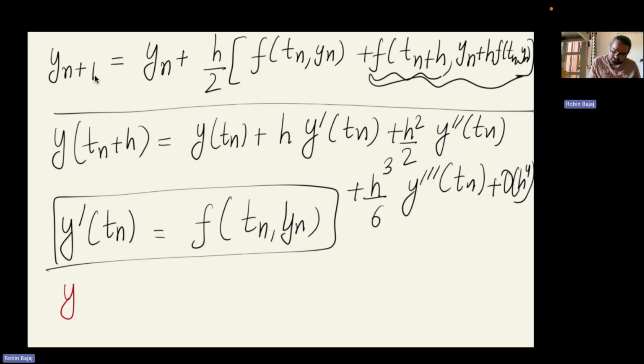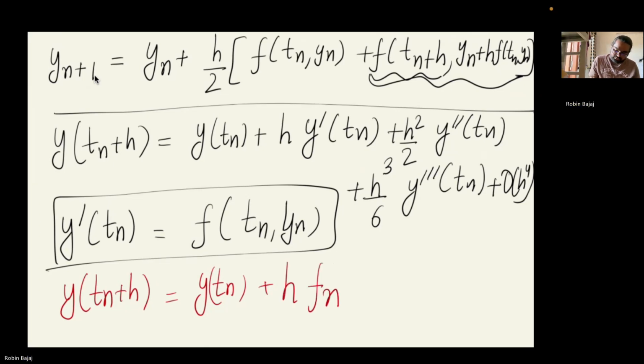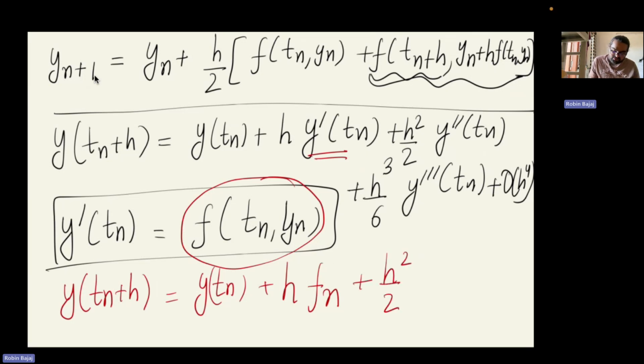So this will make it y of t of n plus h equal to y of t of n plus h times f of n, basically this point. Second would be h square by 2 times the y double derivative, which will become the f derivative at n, plus h cube by 6 times f double derivative at n, plus order h4.